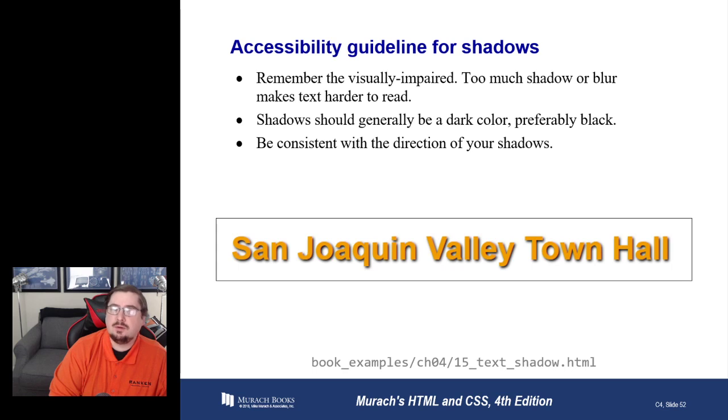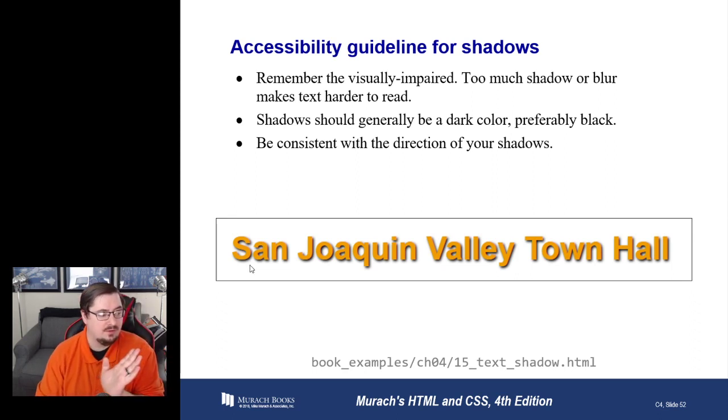And then another thing, just in terms of design, make sure that when you're adding shadows that you're consistent about the direction that it looks like the shadow is coming from. So if our shadow is down and to the right a bit of the text, that means that the light is coming from the top left.